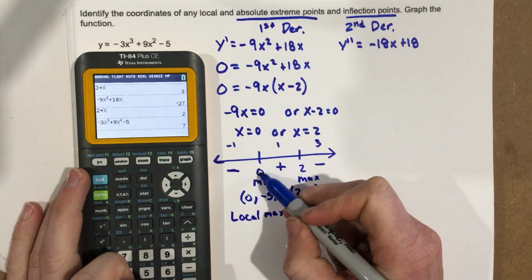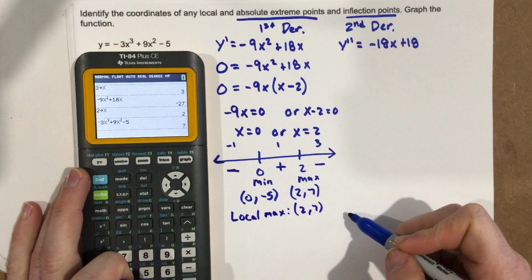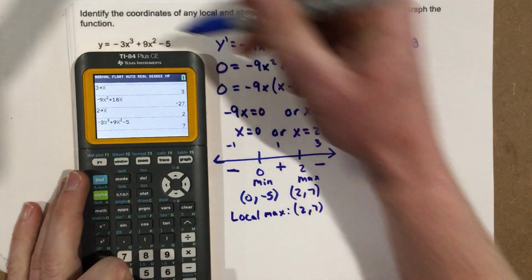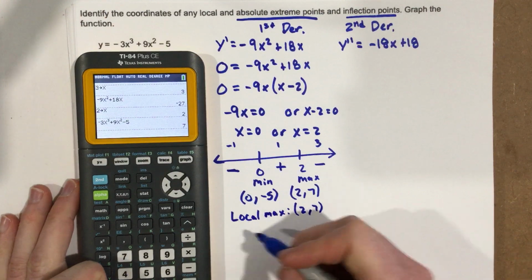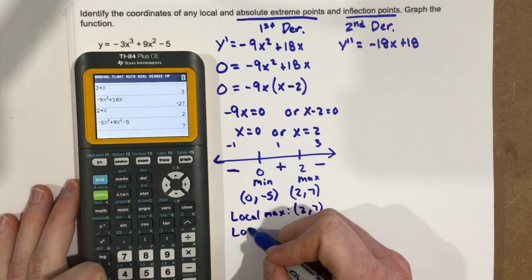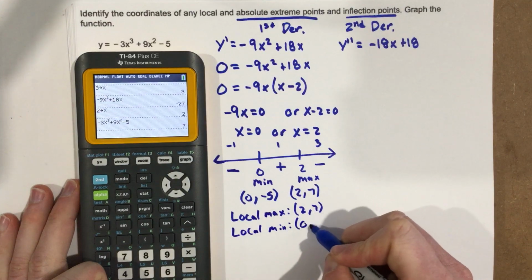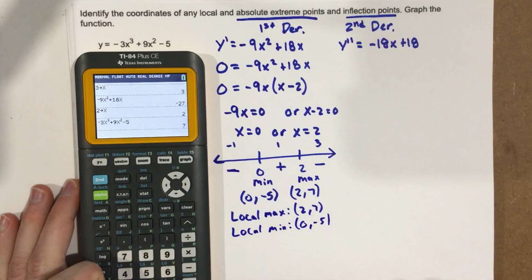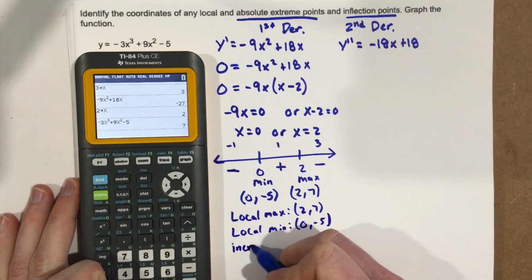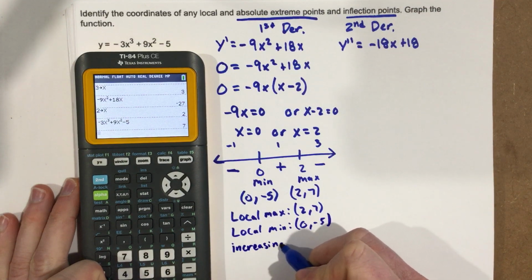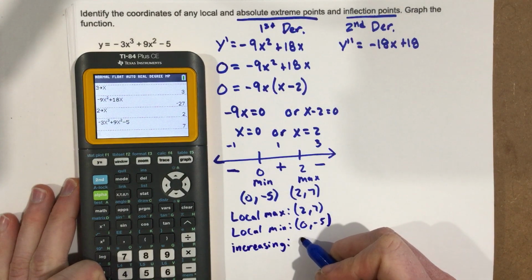Again, this is a minimum, but it's got to be a local minimum because this thing tails off in this direction. And we know it's a cubic function, so it's going to go to infinity in either direction. So this is going to be a local min as well. That's 0, -5. And then when's it increasing? Well, it's increasing from 0 to 2.